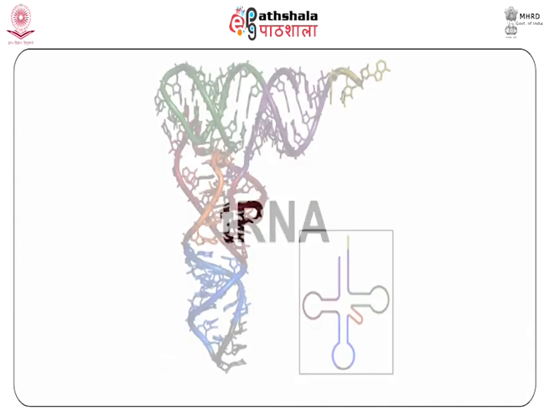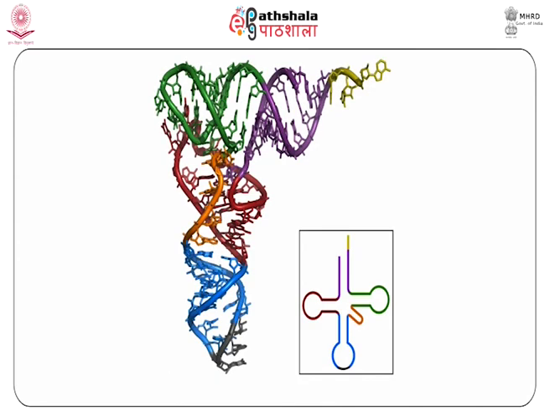tRNA, a transfer RNA, is an adapter molecule composed of RNA, typically 76 to 90 nucleotides in length, that serves as the physical link between the nucleotide sequence of nucleic acids and the amino acid sequence of proteins.